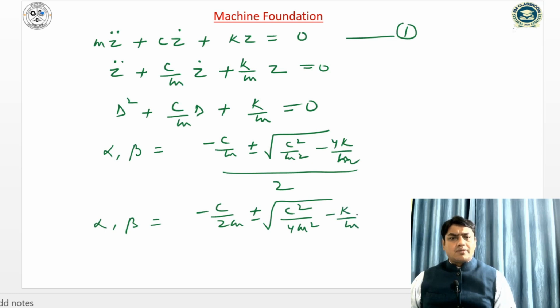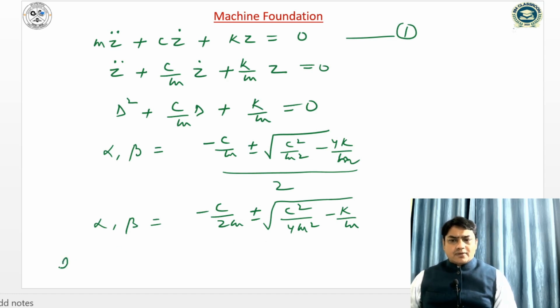If this value of the discriminant is greater than 0, then the roots will be real. If the value of this discriminant is exactly 0, then roots are real and equal. And if the value of this discriminant is less than 0, then our roots are complex.